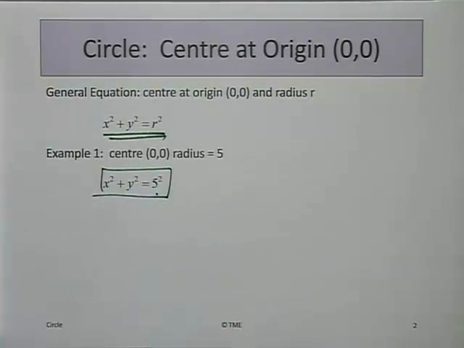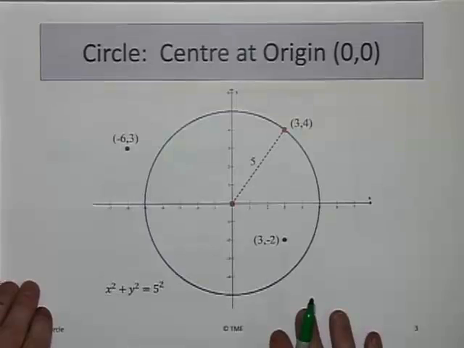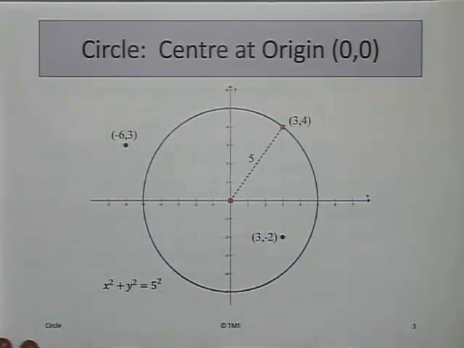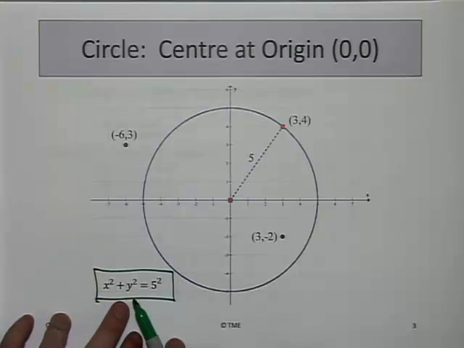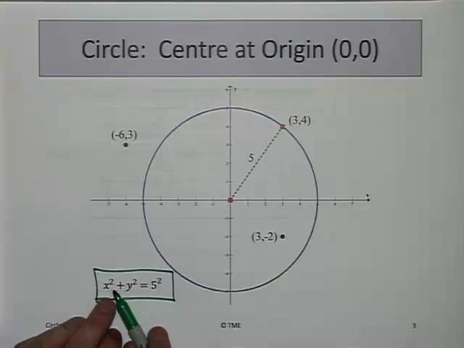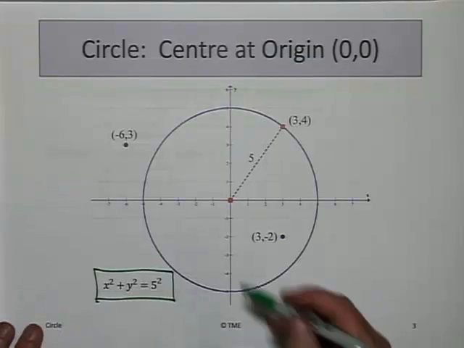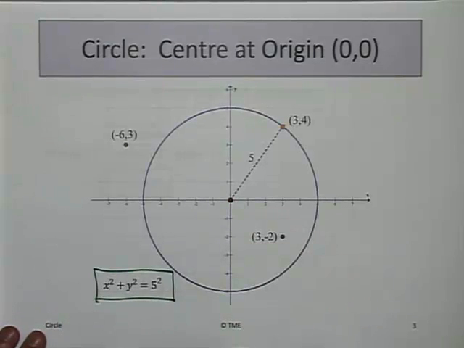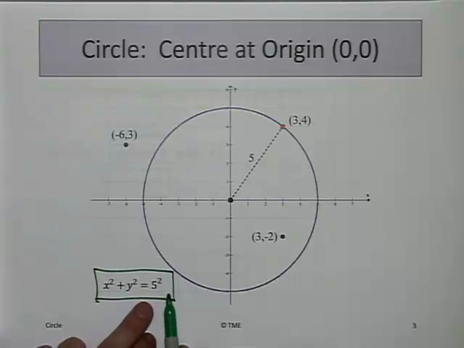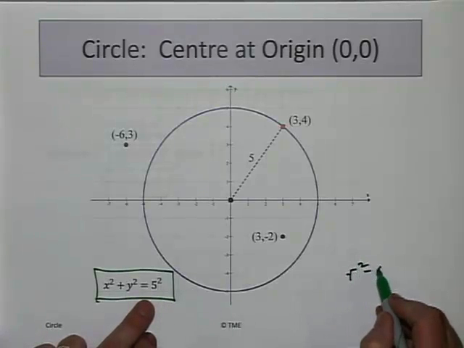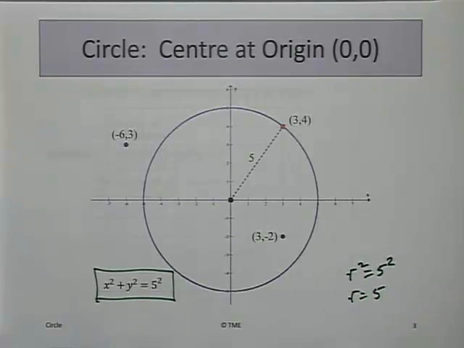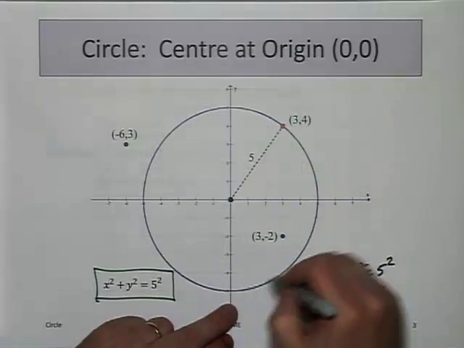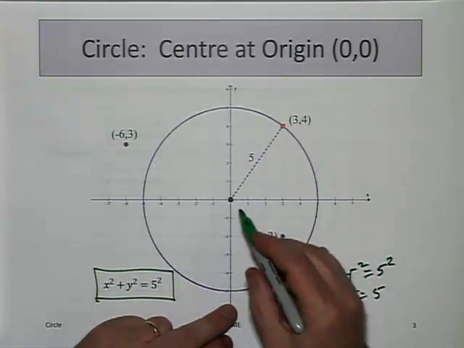There are no other terms in x, no other terms in y, no terms in xy, just the squares and a number. That means that it's at 0, 0. The 5 squared means that r squared is 5 squared, so r is 5. The radius is 5.